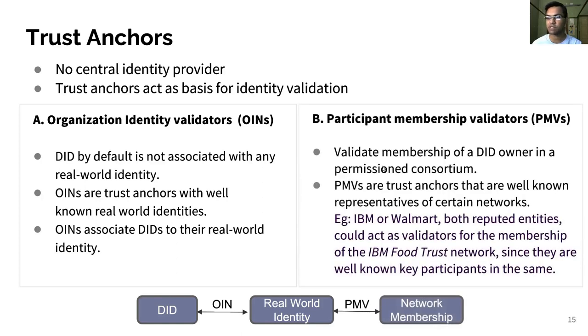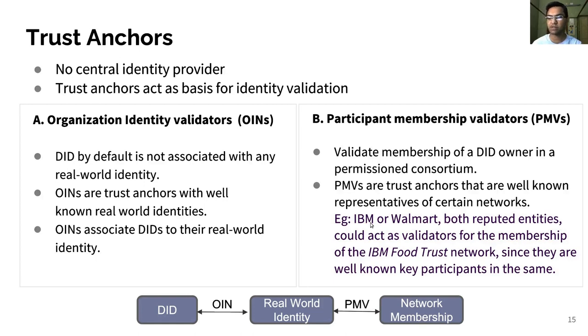And the second type of trust anchors are participant membership validators, or PMVs. So these PMVs associate a real world identity to network membership. So basically, the PMVs validate the membership of a DID owner in a particular permissioned blockchain network. These PMVs are trust anchors that are well-known representatives of that network, and hence can attest the participation of others in the same.